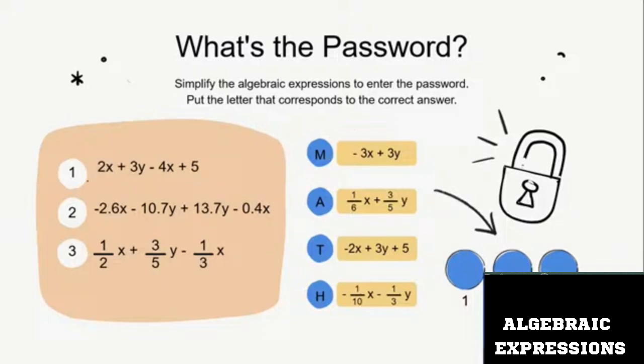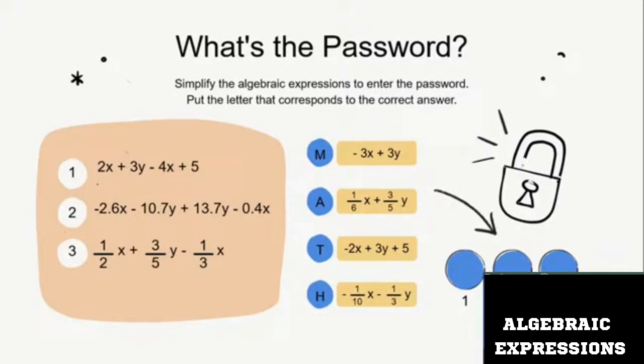So let's start with the first one. Here we're going to look for the simplest two. When we find their answers, then it will be very simple to eliminate the other ones. Right, 2x plus 3y minus 4x plus 5. So we find the like terms.